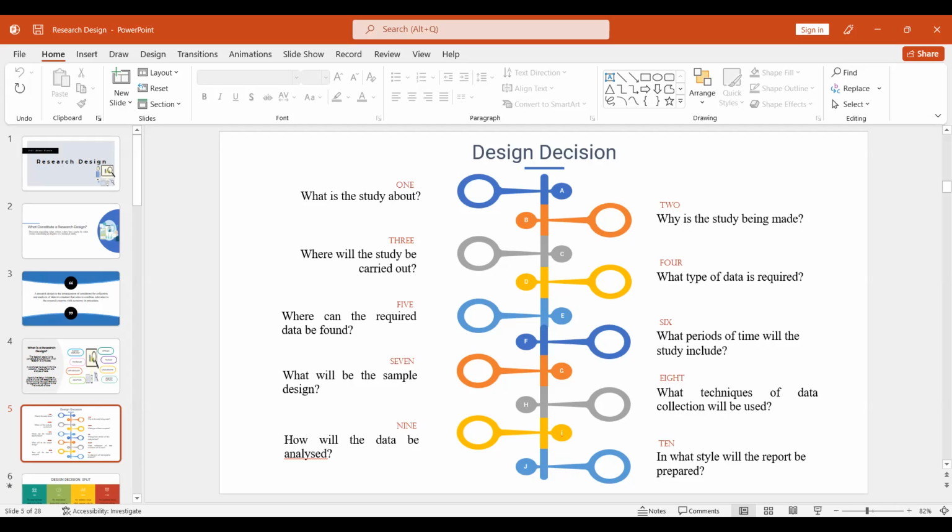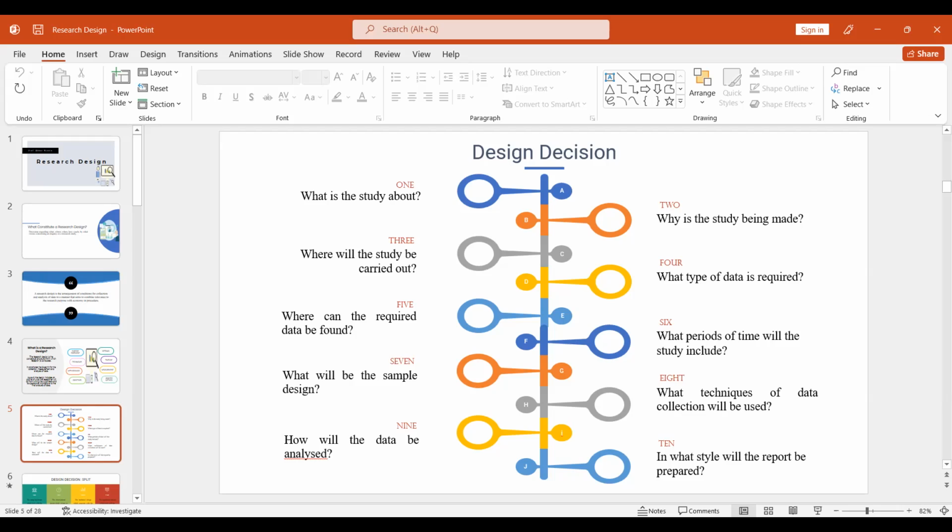Of course, the required data can be found from the architect, or from a civil contractor through the interview method. The time period may be 3 months, 6 months, or more than that.